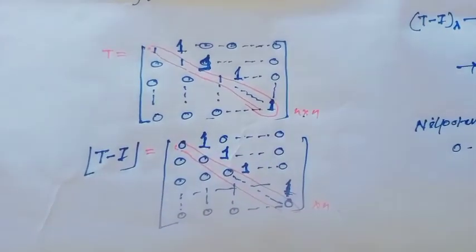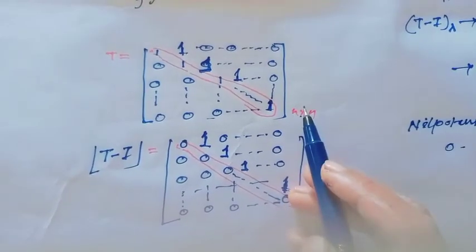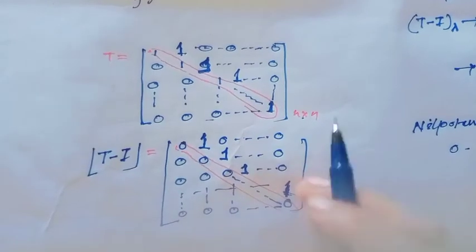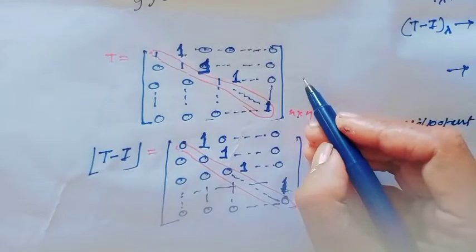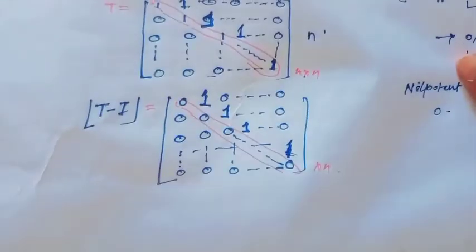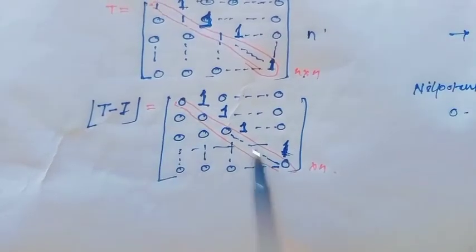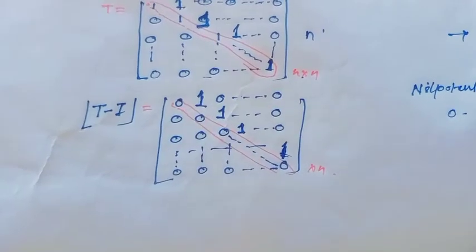That means this is actually nothing but the Jordan block of the linear transformation T with eigenvalue 1, and here the Jordan block of order n. Okay. Then obviously T minus identity is nothing but 0 on the diagonal and the off diagonal contains only 1.